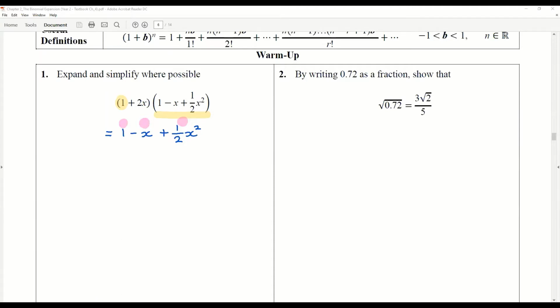So for the next part, we're going to multiply all of this by the plus 2x. So let's do that. I'll do it in a different color. So that's plus 2x multiplied by 1. So that's going to be plus 2x. Okay, we're putting that in the x column there.